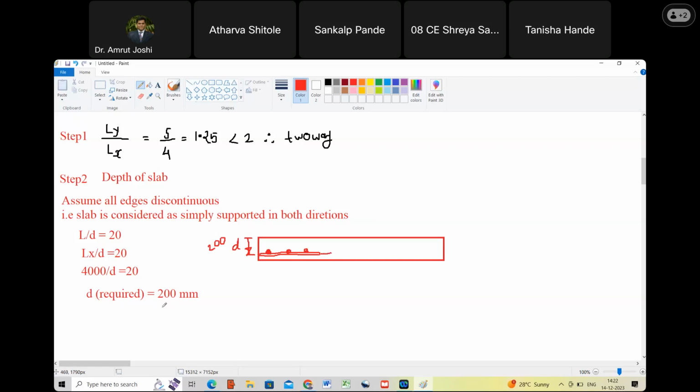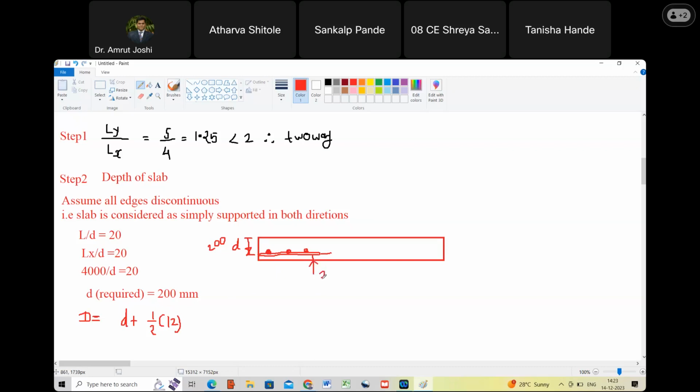So now, how do I calculate capital D value? To calculate the capital D value, I will require to add half the bar diameter in this. Happy? Sir. So I will assume the bar diameter to be 12 mm. So half of 12 needs to be added to D, and I need to add clear cover. Clear cover is this distance. Are you with me? Sir.